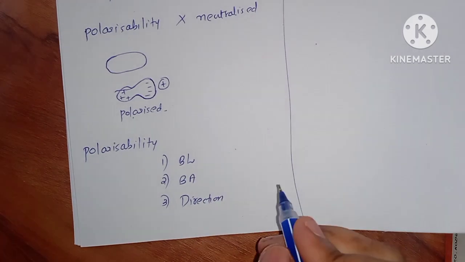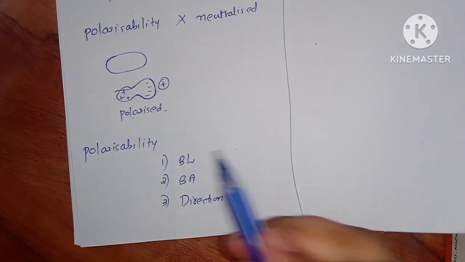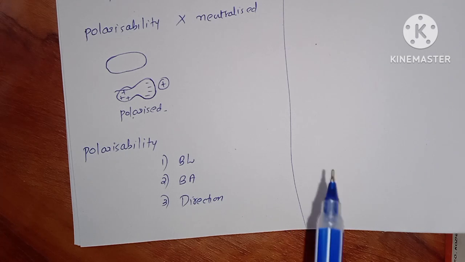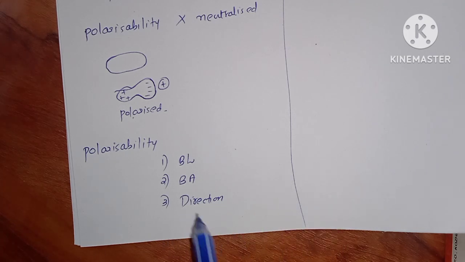So during the vibration, if bond length is changing, we can say there is a change in polarizability. If bond angle is changing, there is a change in polarizability. Or if the direction of polarizability changes, then also we can say there is a net change in polarizability. Let's take an example and see.